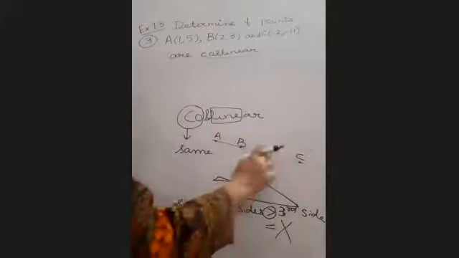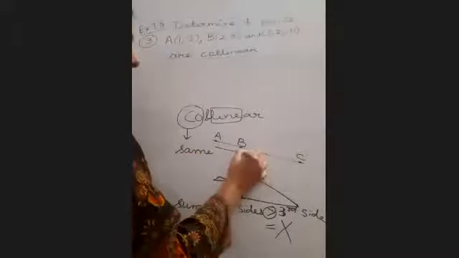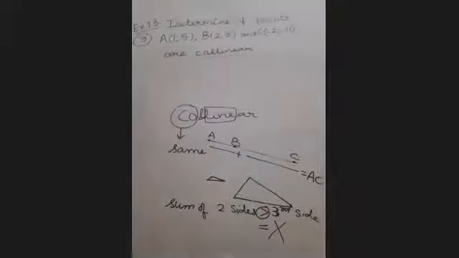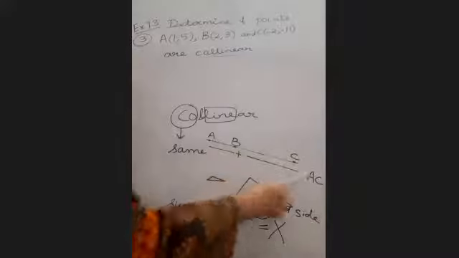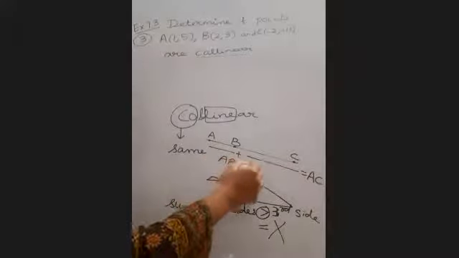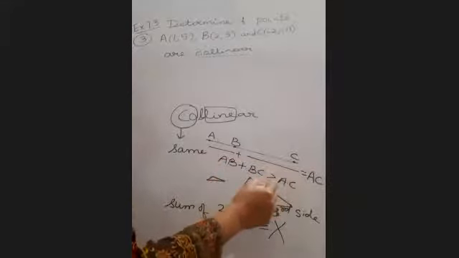So the condition for collinearity is: if I name the points A, B and C, then A, B and C will be collinear if AB plus BC is equal to AC. Because if AB plus BC is greater than AC, then it will form a triangle, and forming a triangle would mean that the points are not collinear.